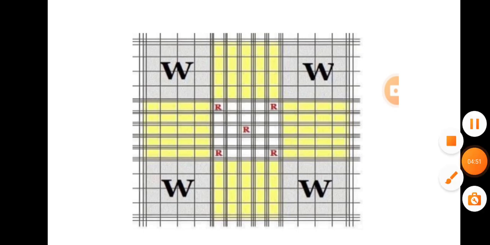In this 9 square millimeter there are 4 WBC chambers, and in these WBC chambers the sperm is counted.